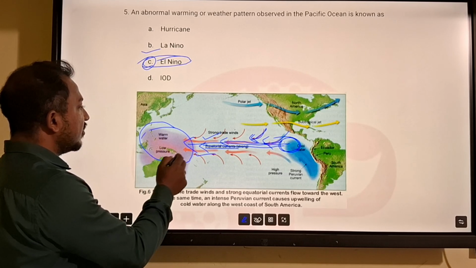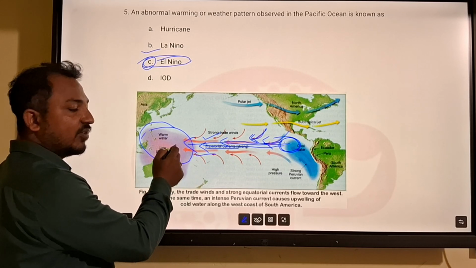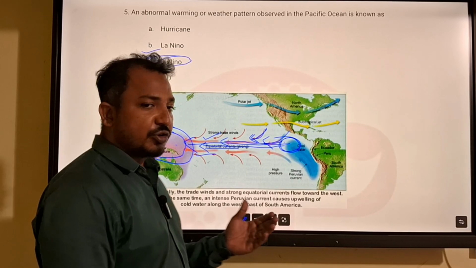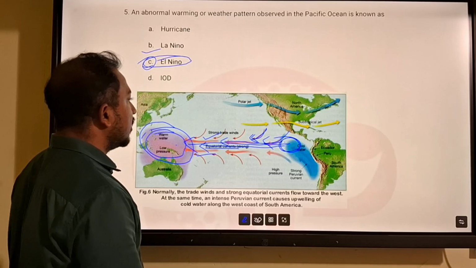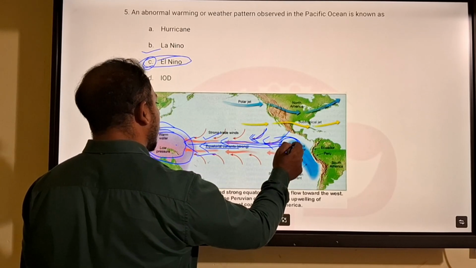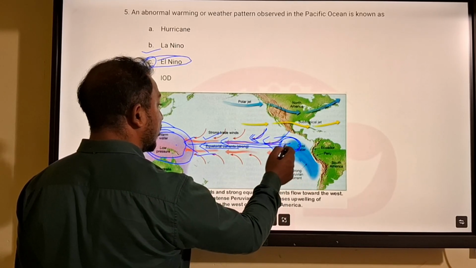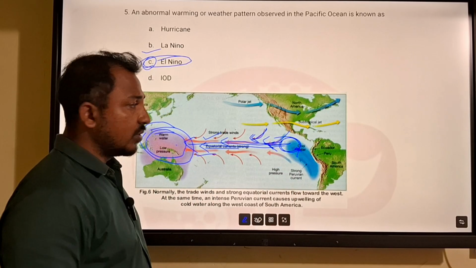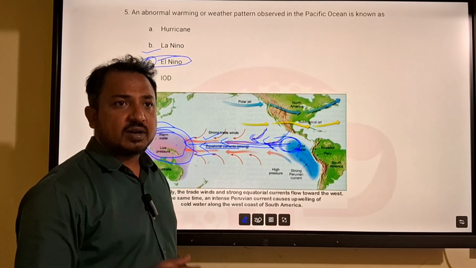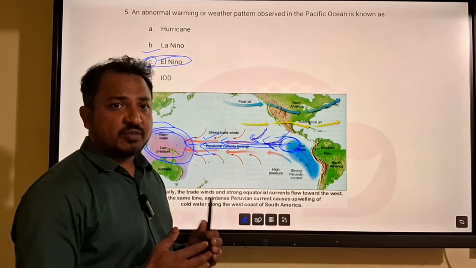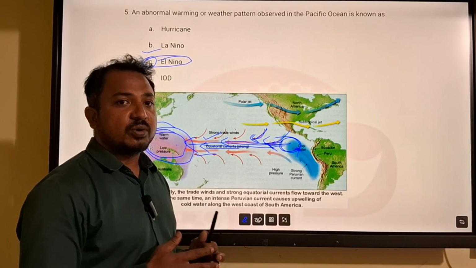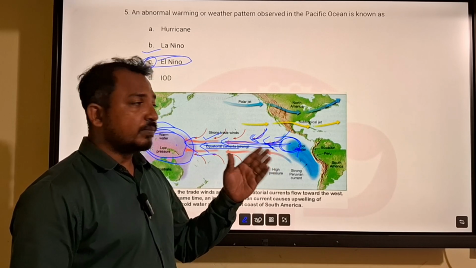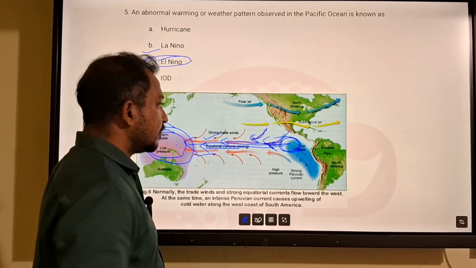Because of the arrival of warm water, these regions become warmer. So this is a normal effect. Because of the displacement of warmer water here, colder water will rise upward. There will be mixing of water, and the ocean will become more nutrient rich, which is very favorable for fishing.